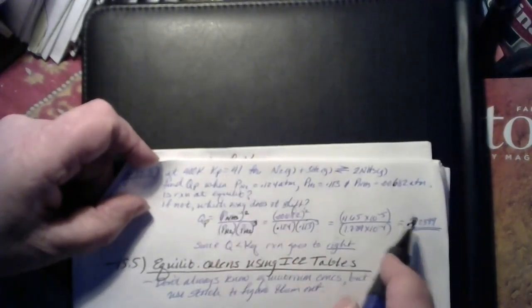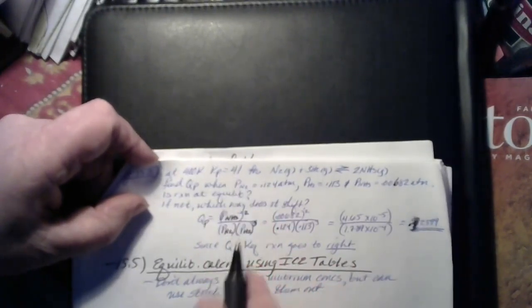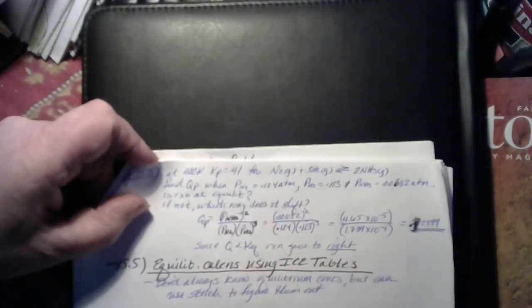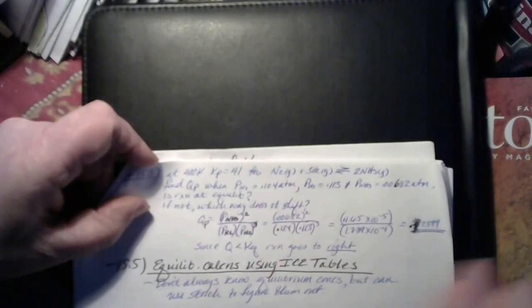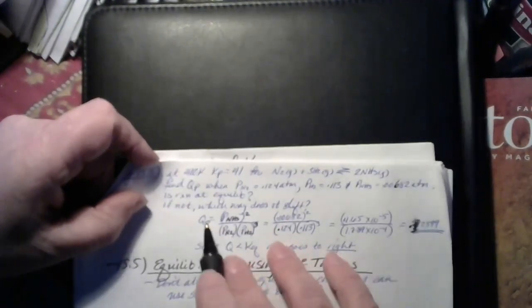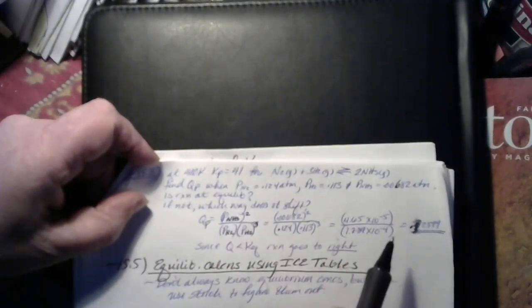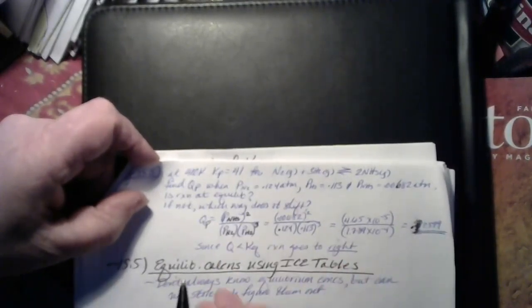In this case, K is 41, Q is 0.2599. That's quite a bit less than K. So we're not at equilibrium yet. The reaction is going to keep running to the right, or the forward reaction, in other words, will run until you get to equilibrium. And at that point, QP will be 41, just like KP is. But we're not there yet.